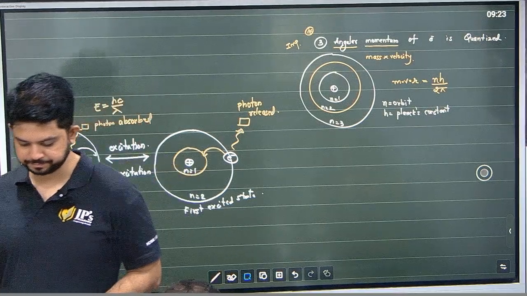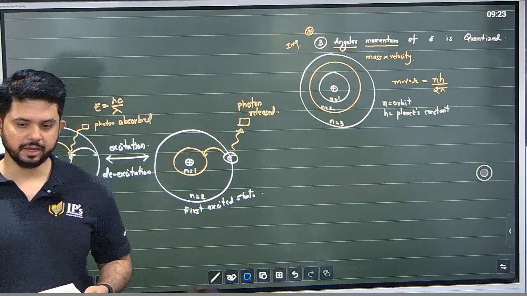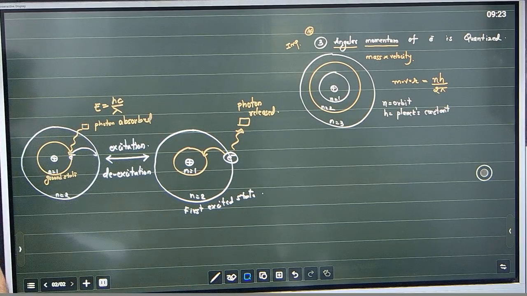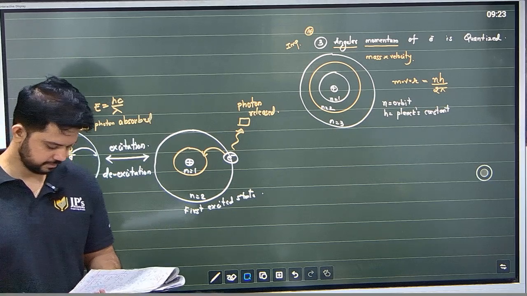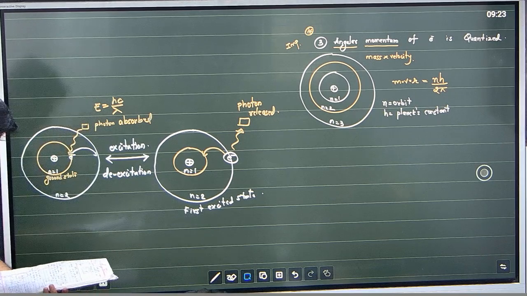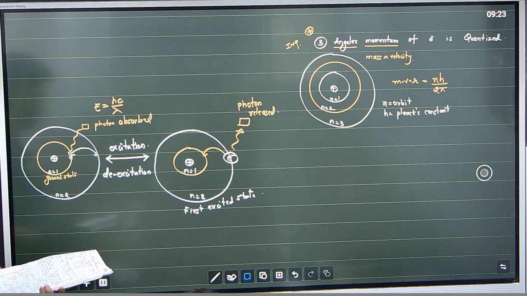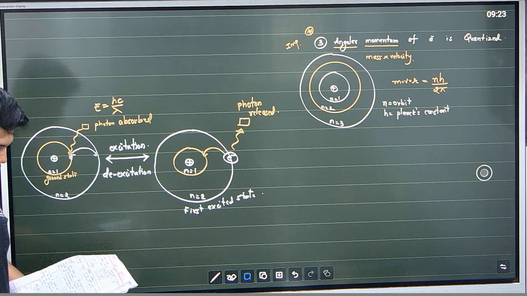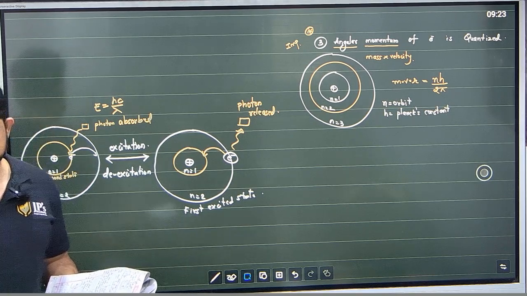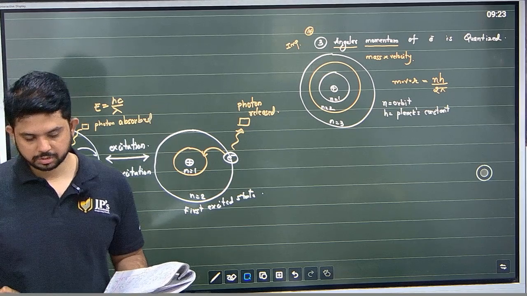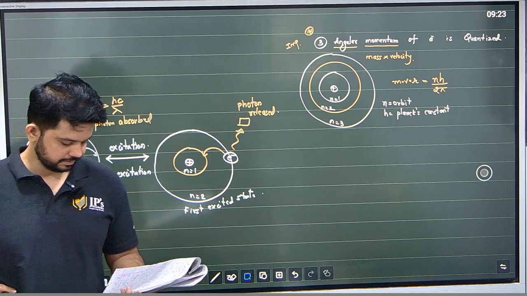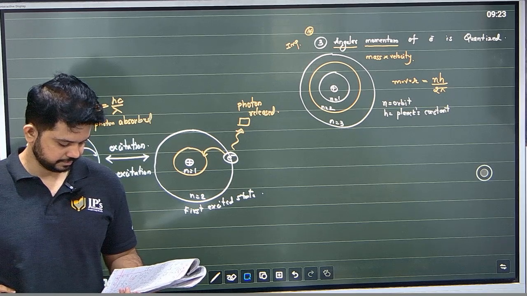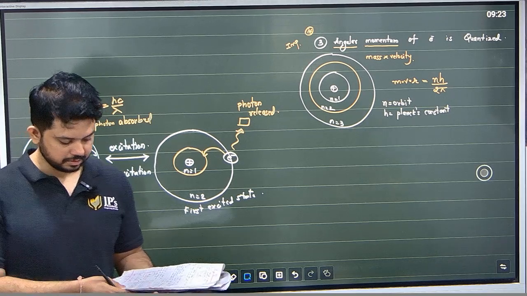Please write down. The energy of an electron in the orbit does not change with time. Full stop. Continue.